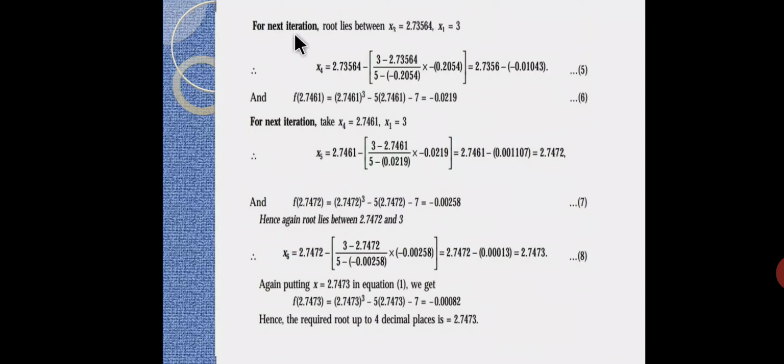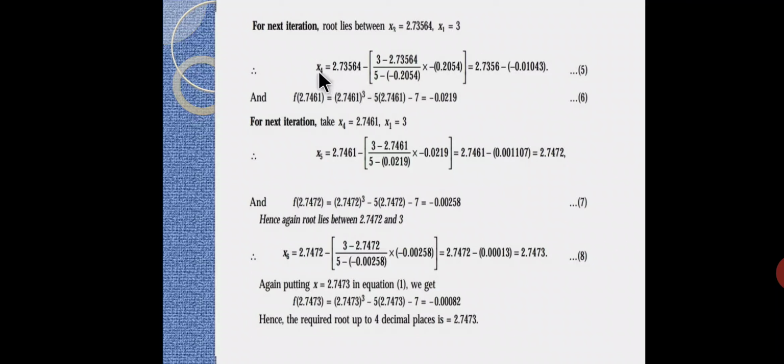So here 2.73564 replaces the negative root. For the next iteration, the root lies between x3 is equal to 2.73564 and x1 is equal to 3. So the formula is x4 is equal to x3 minus (x1 minus x3) by (f of x1 minus f of x3) into f of x3. Substitute the values of x3, f of x3, x1, f of x1.